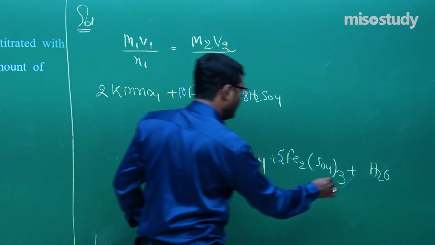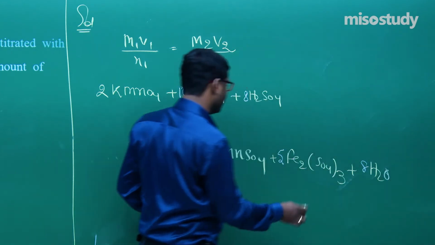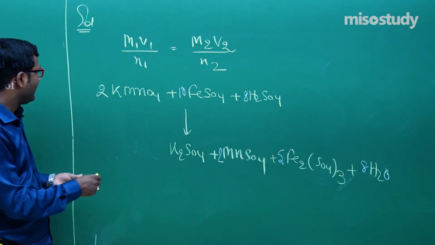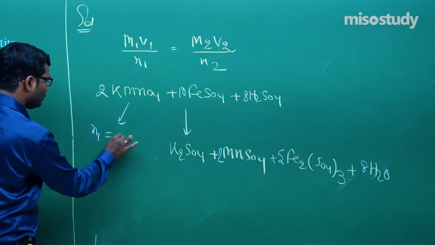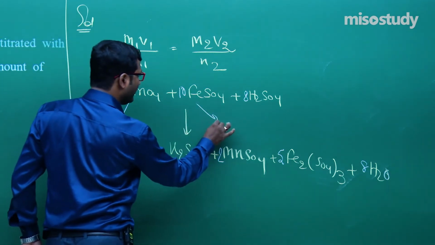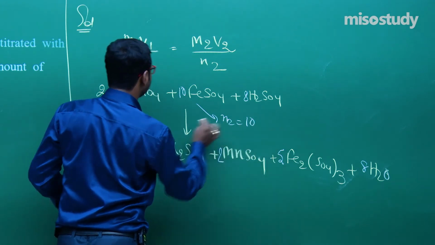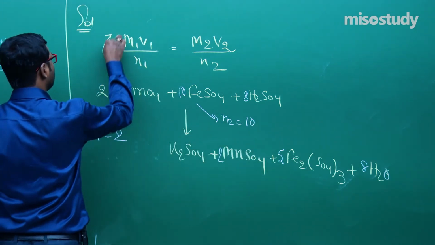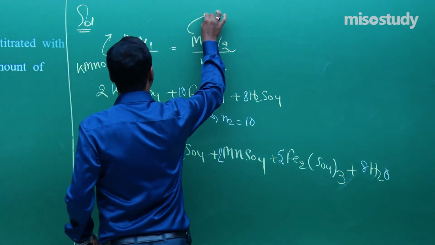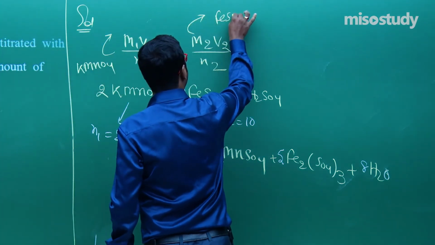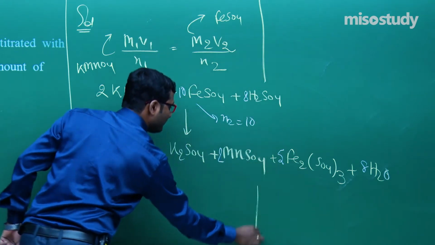Now put here 8. Now hydrogen is 16. Now completely balanced. Here we can say that N1 is equal to 2 and here N2 is equal to 10. This is for KMnO4, yes sir, and this is for FeSO4. Clear to you? This is for FeSO4.